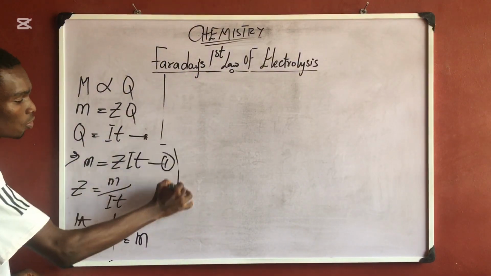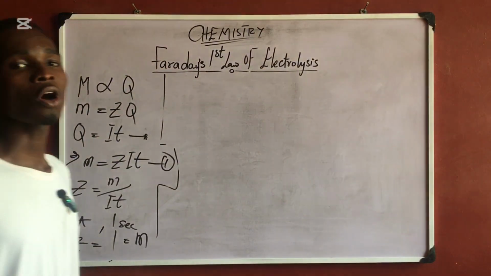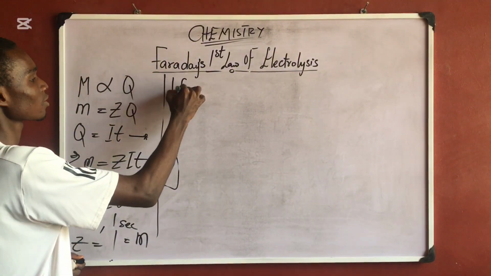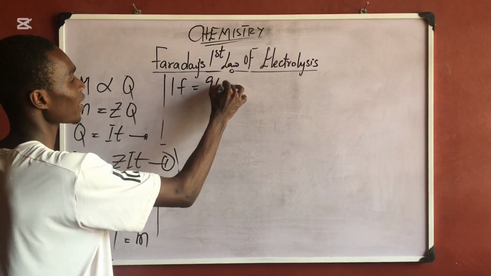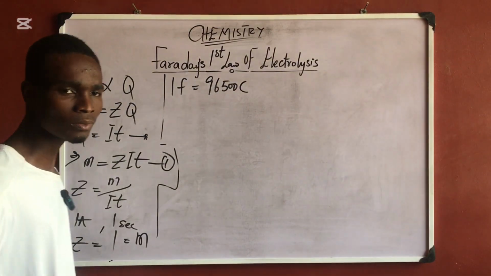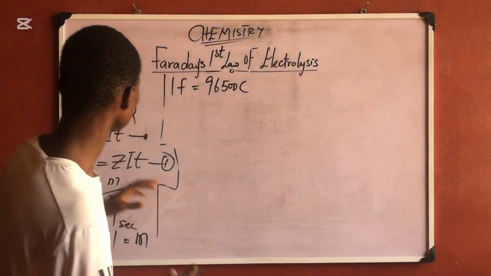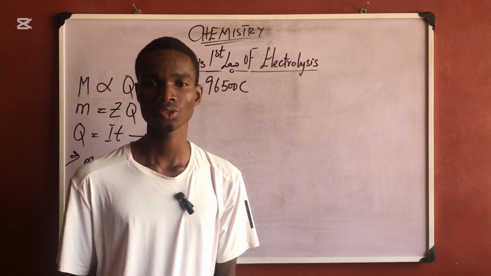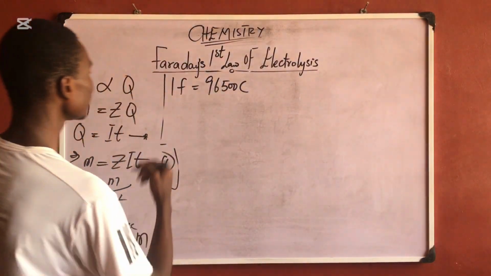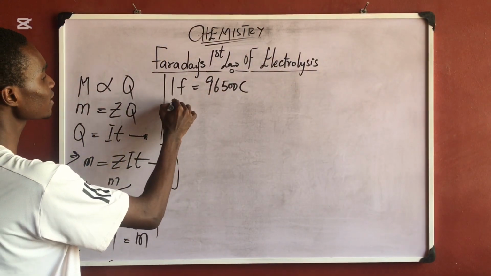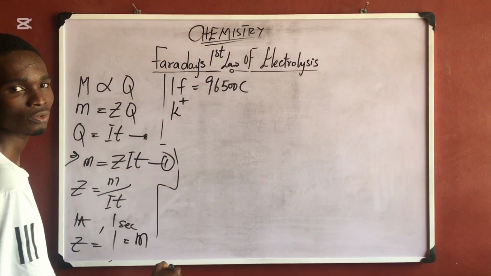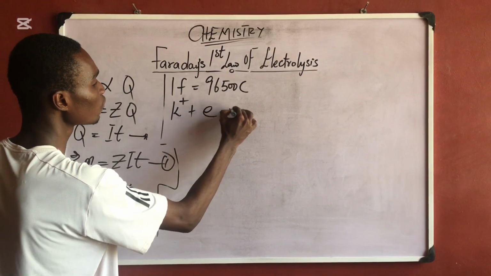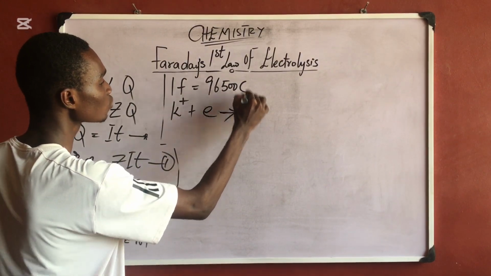If this holds, you could also recall that 1 Faraday constant is equal to 96,500 coulombs. Now, when we come to metals and non-metals deposited at the cathode and the anode of the electrodes, to deposit a potassium ion, there will be the presence of 1 electron charge to give a potassium atom.